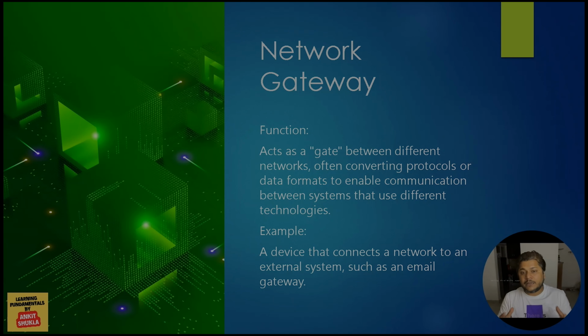How does a network gateway work? Just like a customs checkpoint connects travelers to different countries, a gateway connects networks that use different protocols or technologies. For example, it might connect a private network to the internet or link two different types of networks, such as a corporate network and a cloud service.